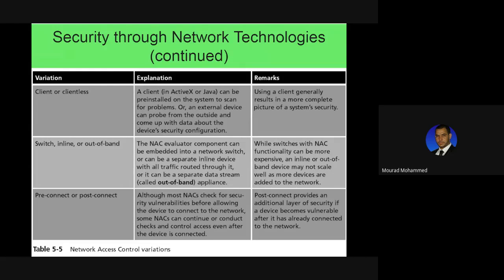Post connect, it is the same scenario. The test would happen, but even after the first communication and the second communication, the filtering will remain going on. Means the NAC will not stop after setting up a first scan.